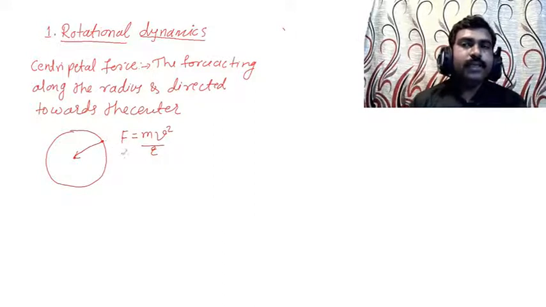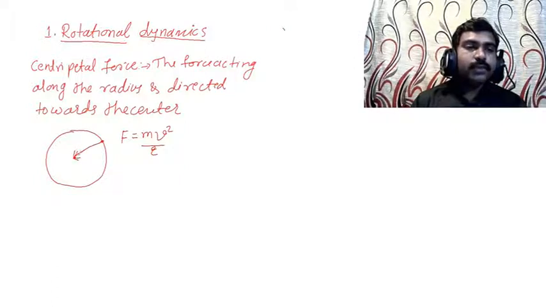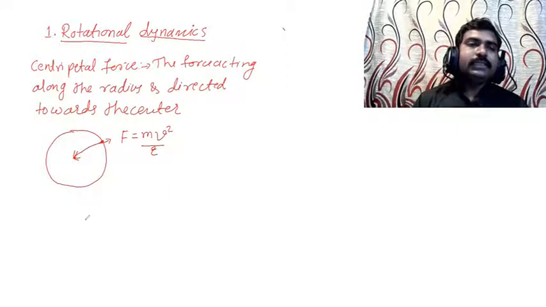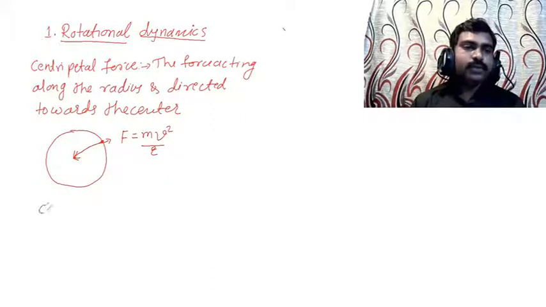Now see what happens. According to Newton's third law, to every action there is an equal and opposite reaction. Does that mean when there is a force directed along the radius towards the center, there must be a force directed away from the center also? So that force is called the centrifugal force. So let us start the definition of centrifugal force.